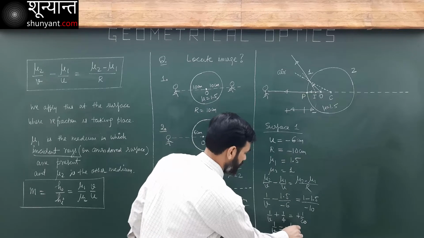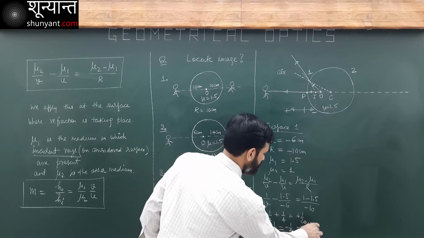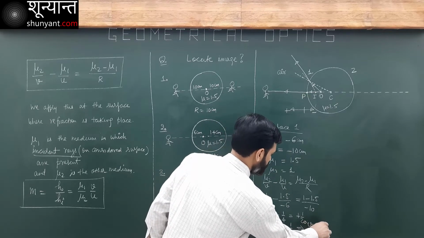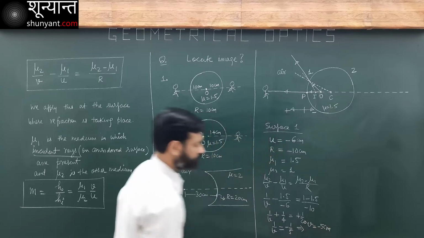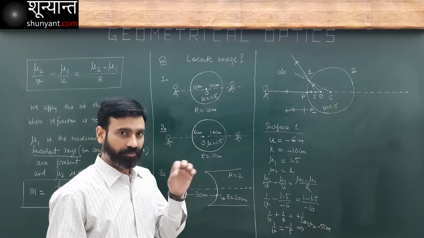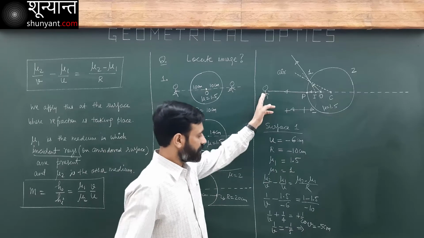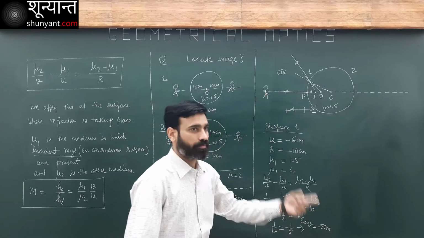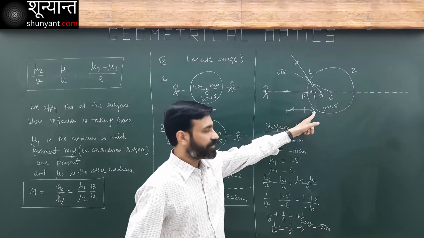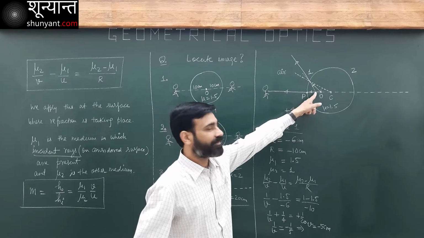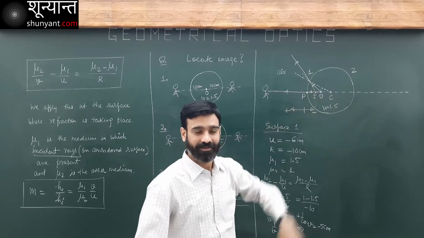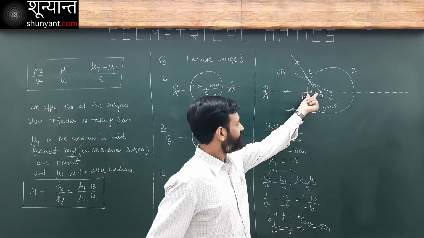That means this v is equal to minus 5 centimeter. This is the position of the image as seen by this observer. Minus is towards the right, so the image is towards the right. That means our ray diagram was correct. So this distance will be 5 centimeters.